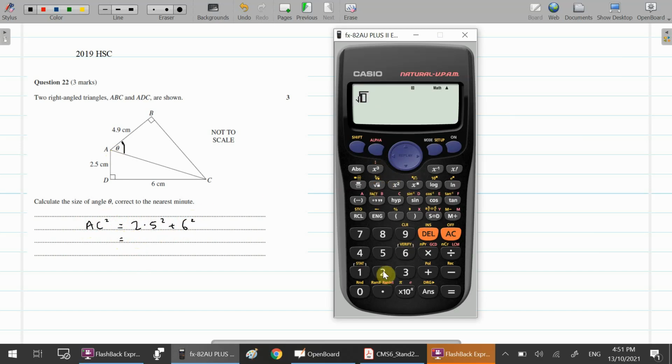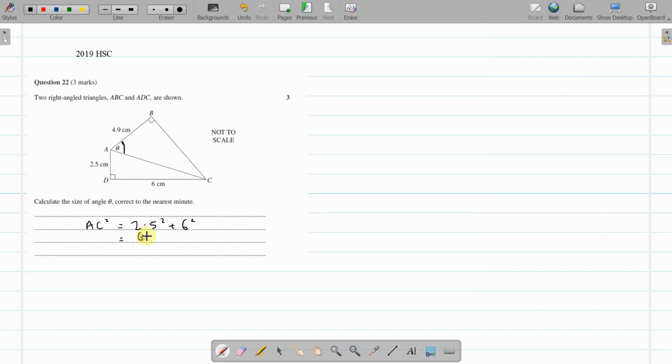Square root of 2.5 squared plus 6 squared, 6.5. Fortunately it works out easy, 6.5 centimetres.